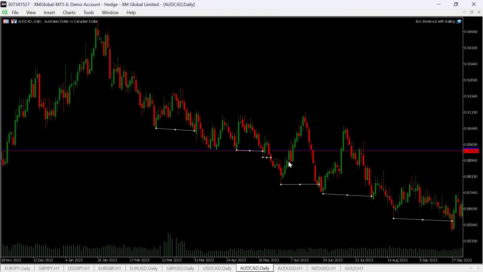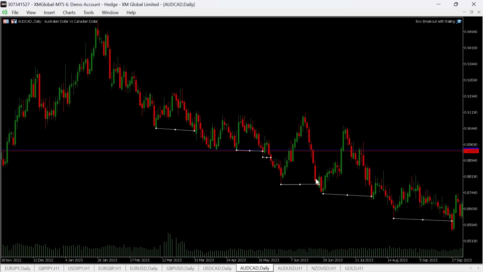So here is another break of structure, and then this low was formed, which formed this high here, and then when it was broken, this was a break of structure because this low was broken through.